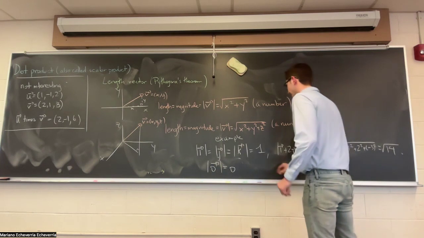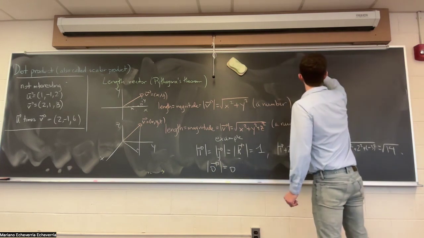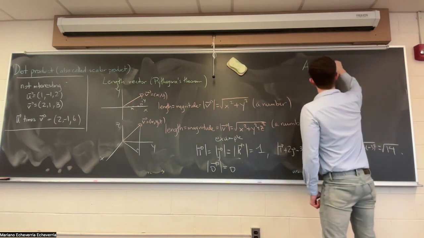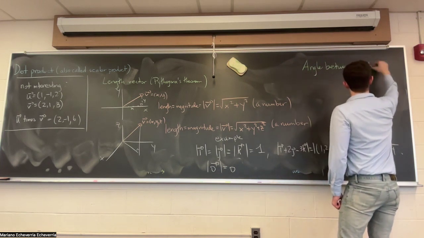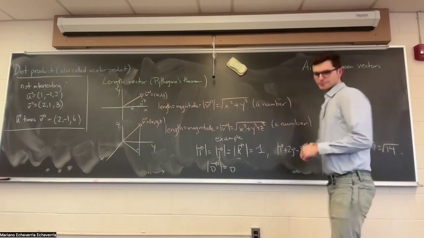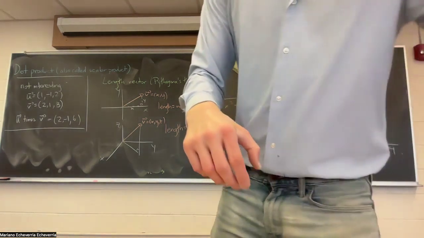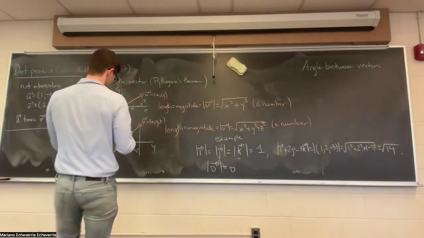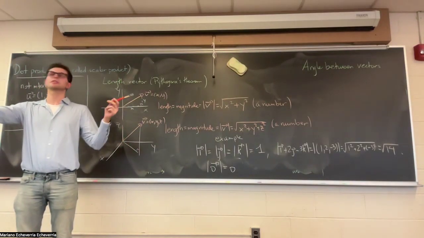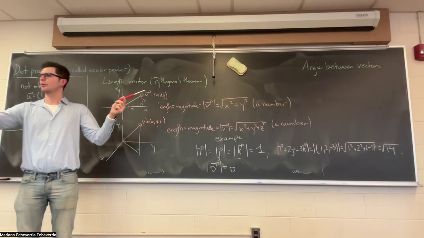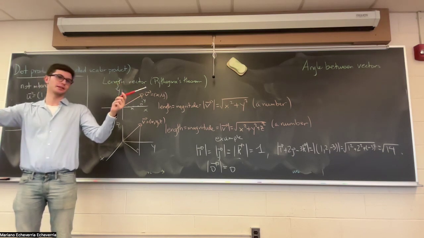We also need to talk about the angle between vectors. And so here's the idea. If you have two vectors, let's say I have this vector and this other vector, if you want to talk about the angle between them, it doesn't really work if the vectors are in different locations.